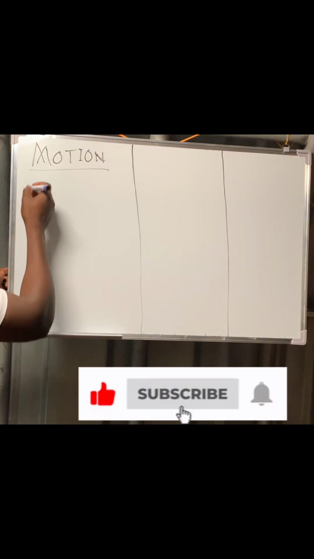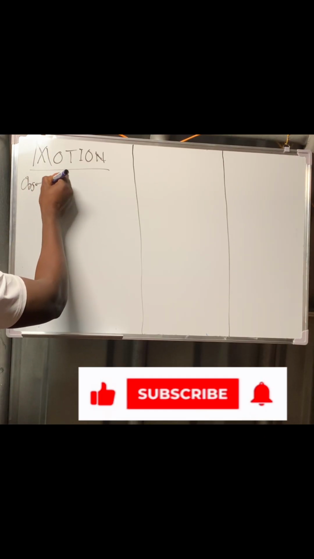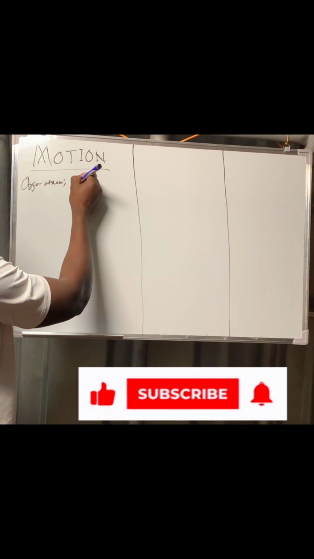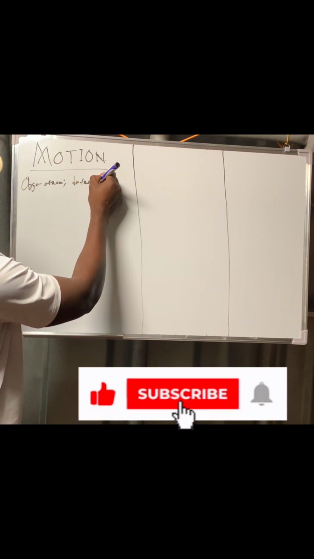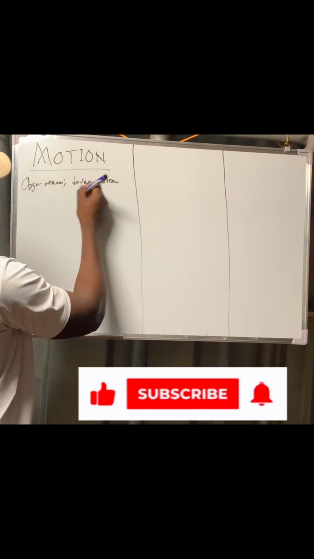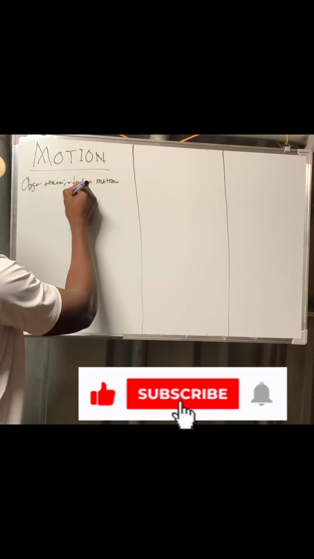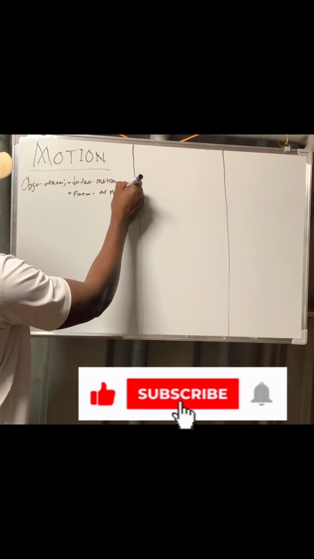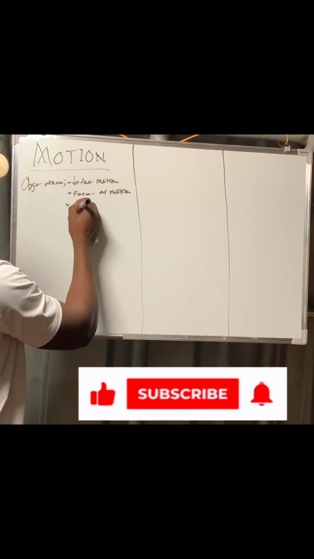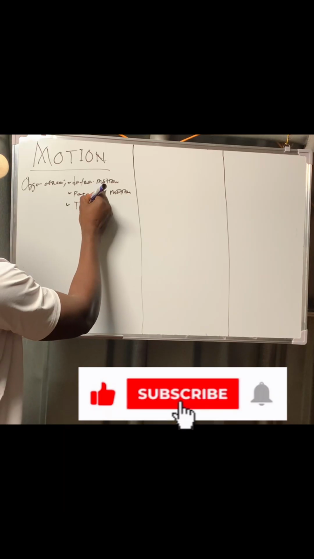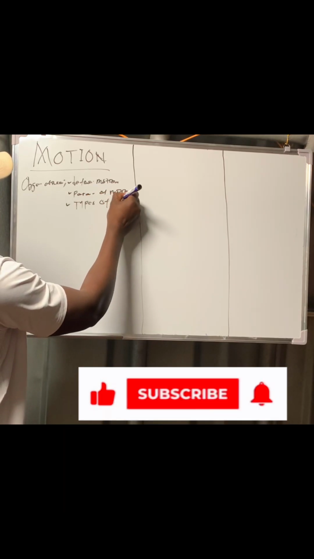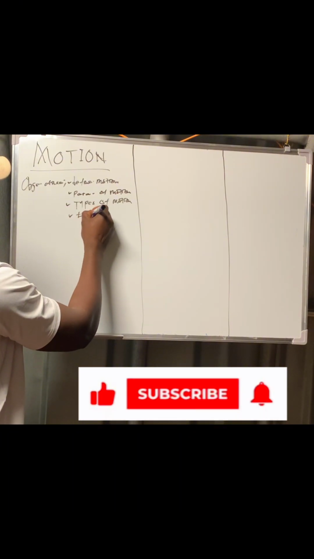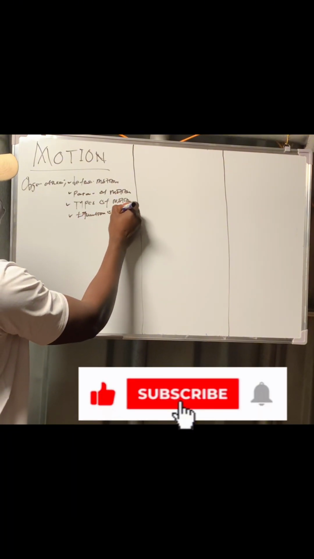My objectives within this period are to tell you what motion is, define motion, explain the basic parameters of motion, look at types of motion, and equations of motion.